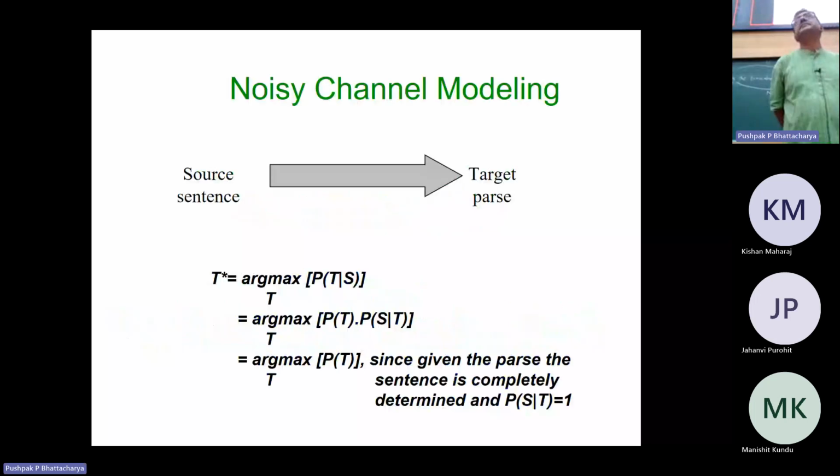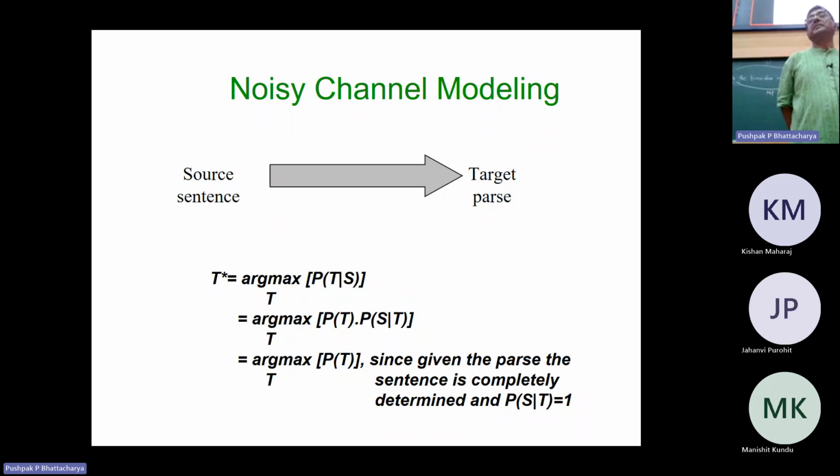Any probabilistic NLP ultimately boils down to an argmax computation. So this is a noisy channel modeling. We are familiar with noisy channel modeling because part of speech tagging was done by noisy channel modeling. We had an argmax computation there.